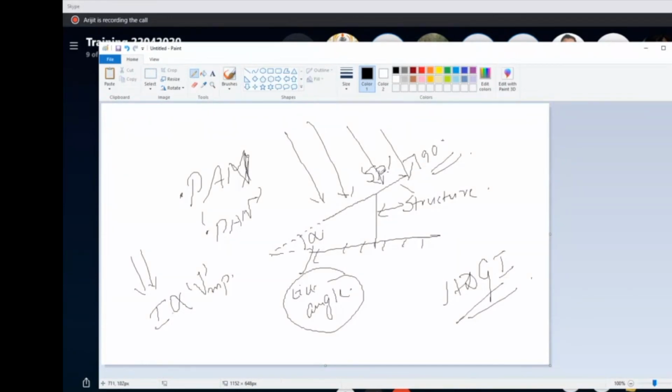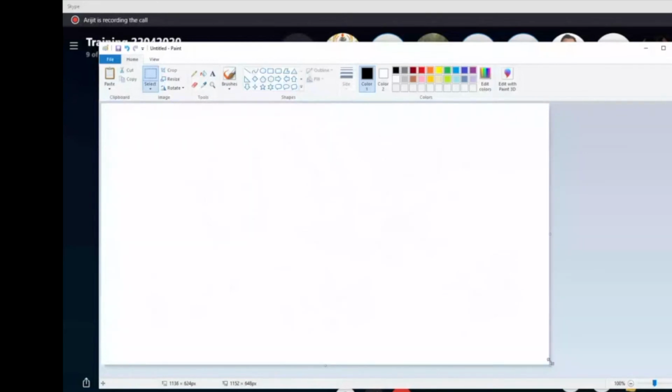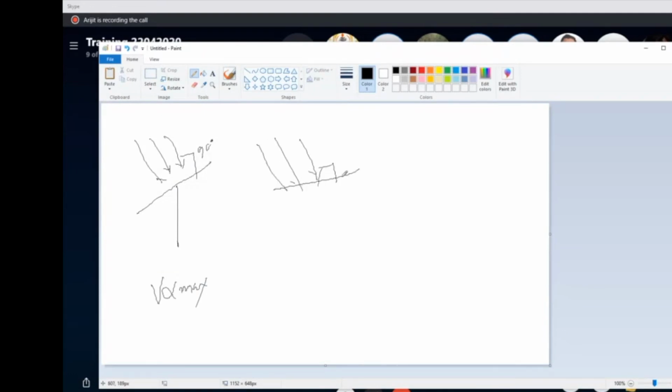Now, experiment shows that, let's say this is the sun and this is the sunlight, if it's 90, the voltage generation is maximum. If it's, let's say, not 90, let's say it is 70 degrees, it would be lesser. If it's V1, V2 would be lesser than V1. So just to ensure it, we need to maintain the tilt angle.